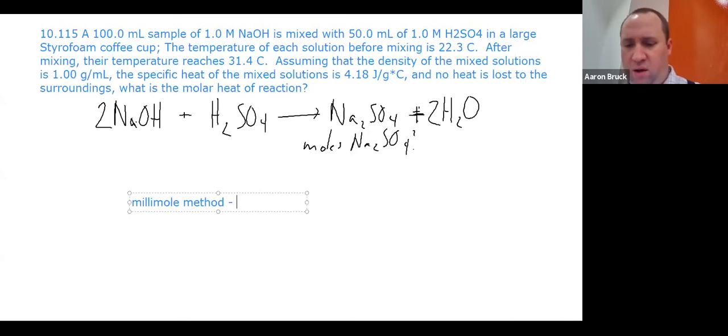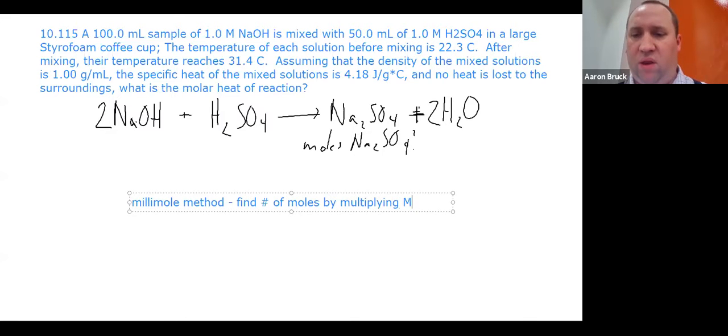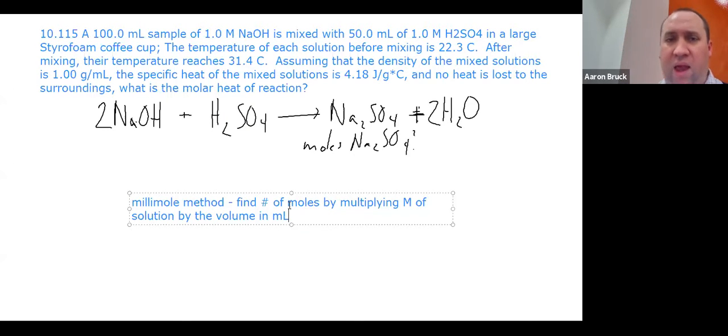In the millimole method, we will find the number of moles by multiplying the molarity of the solution by the volume in milliliters. And the reason we do this is, with solutions in particular, we tend to run with small numbers. The millimole method helps us to get large numbers that are easier to compare.